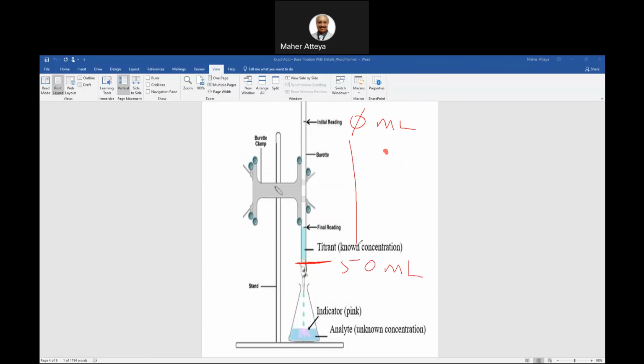So your reading is between 0 and 50 mL. You cannot take any readings beyond 50.